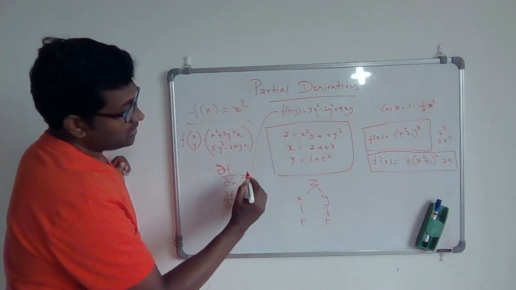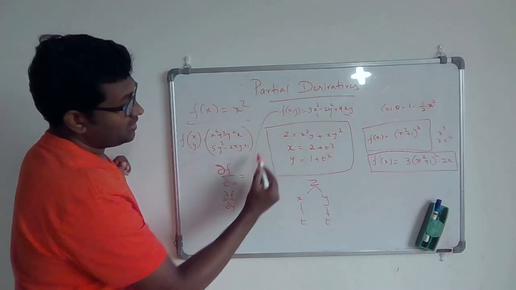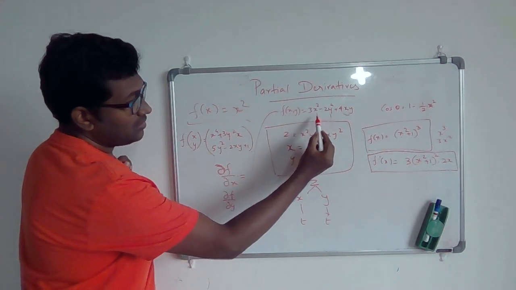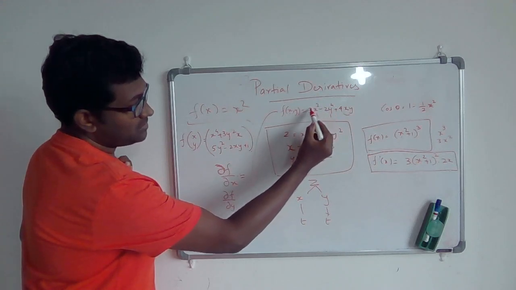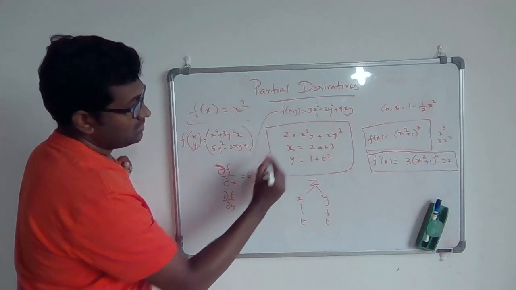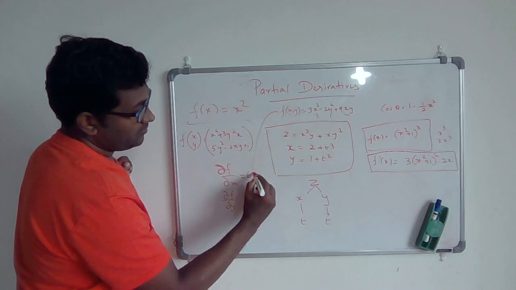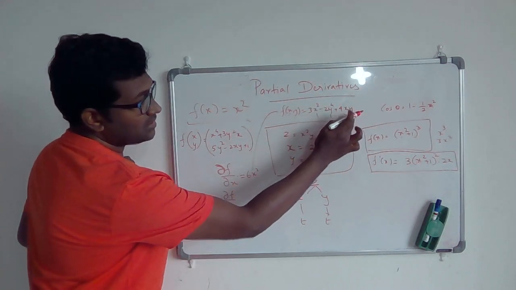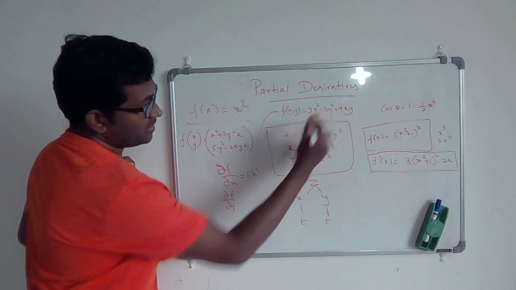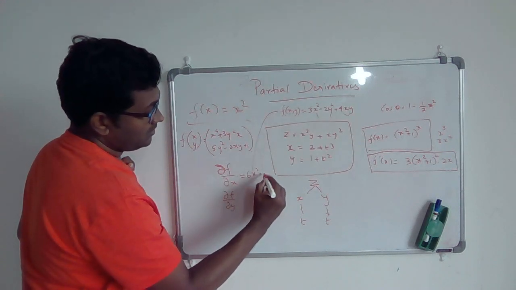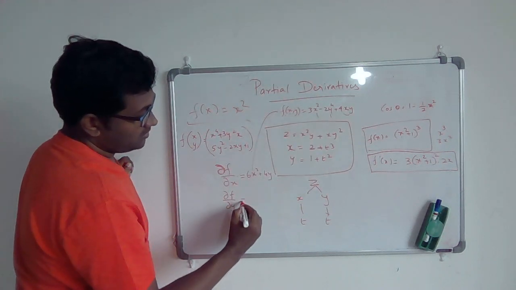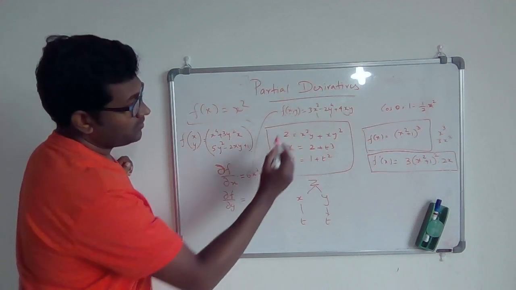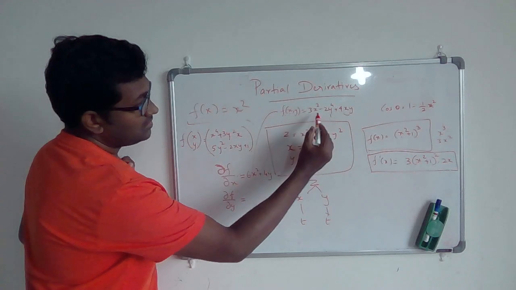So what it means is that when you take the partial derivative of this function with respect to x, you treat y as constant. So this becomes 6x squared. This is constant, and this becomes 4y, since you treat y as constant. Now the partial derivative of this function with respect to y: we treat x as constant.